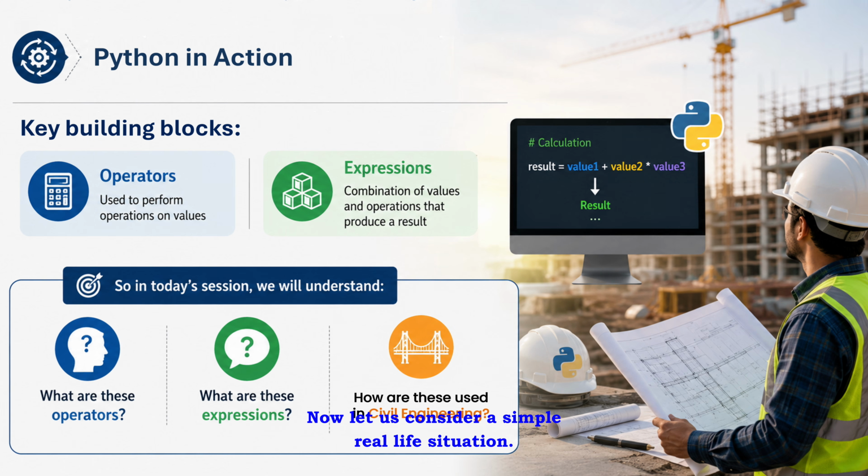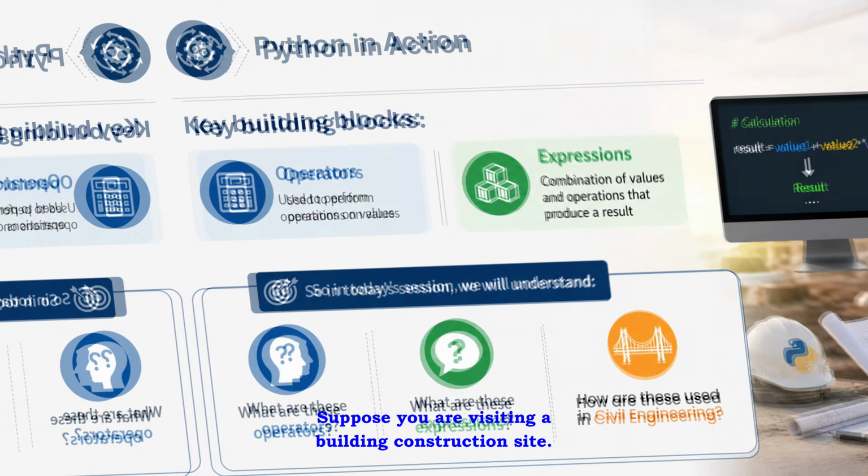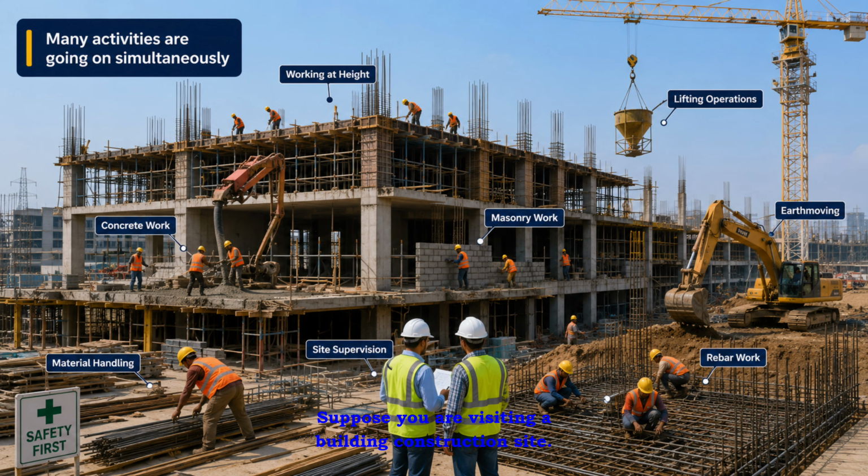Now let us consider a simple real-life situation. Suppose you are visiting a building construction site. And while observing the site, you notice that many activities are going on simultaneously.